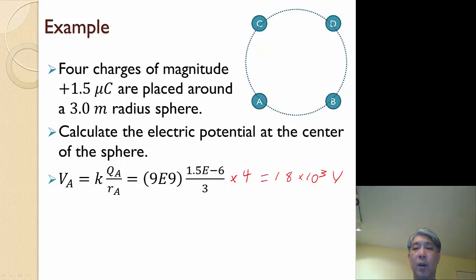So that's how we would do it for multiple charges. You could calculate each one individually, or if their distances are all the same, then it really doesn't matter. I can just add them all up prior to sticking it into my formula.